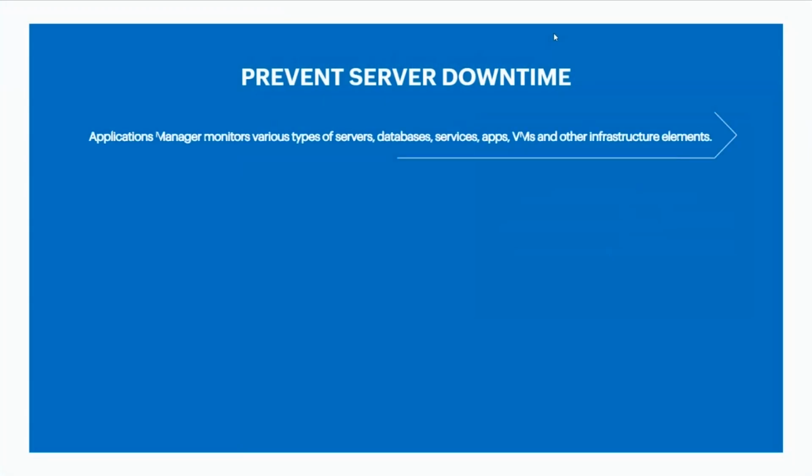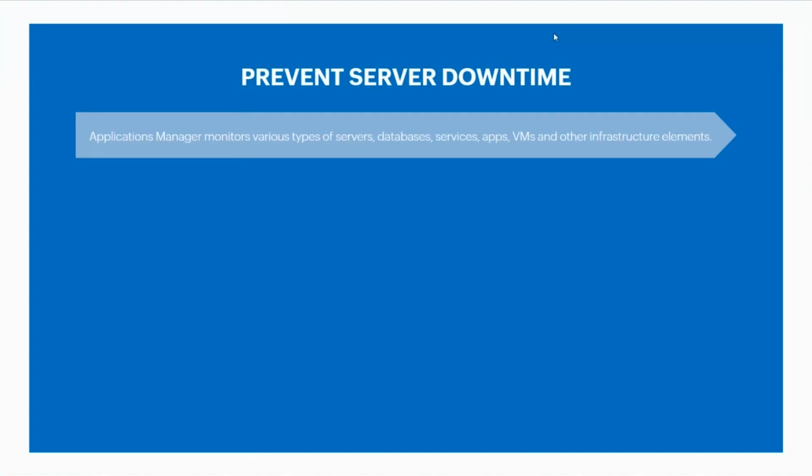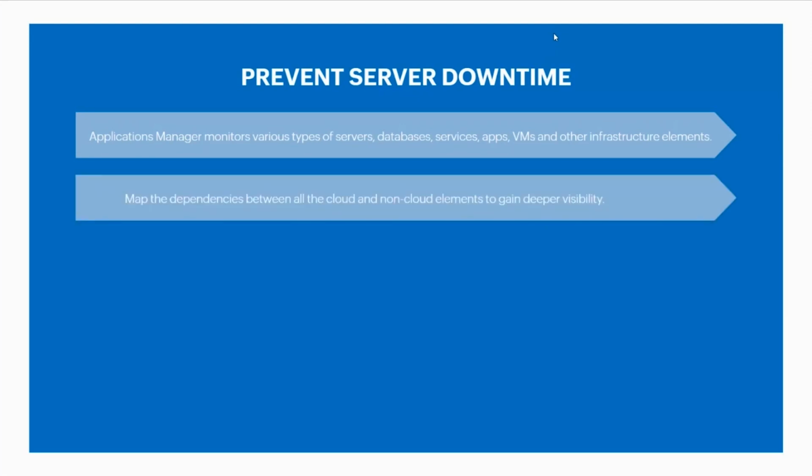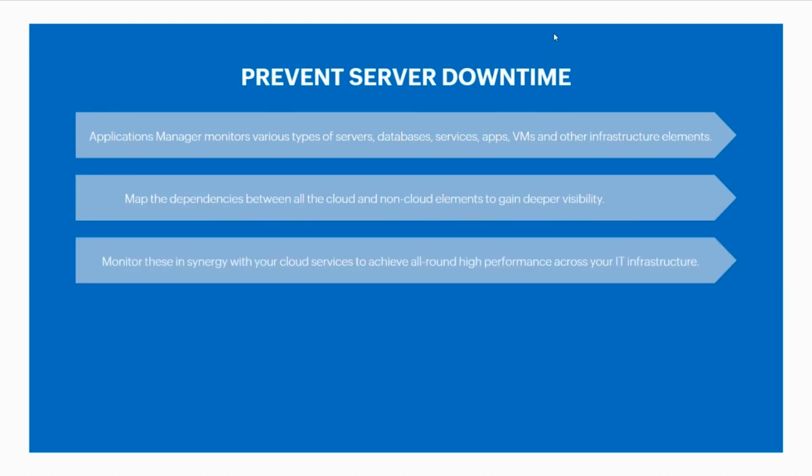Applications Manager also helps you prevent server downtime. Like I told you, it monitors various types of servers, databases, services, apps, VMs, and other infrastructure monitors. You can map the dependencies between all the cloud and non-cloud elements to gain deeper visibility.